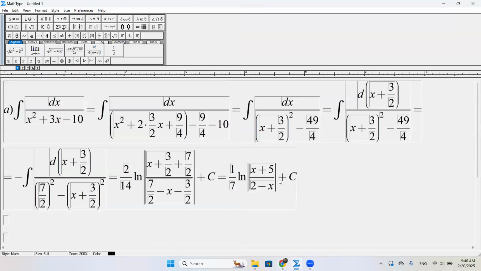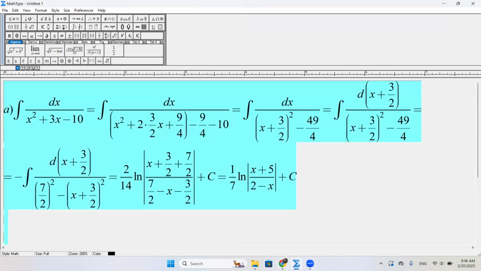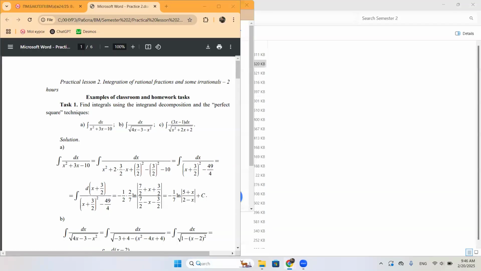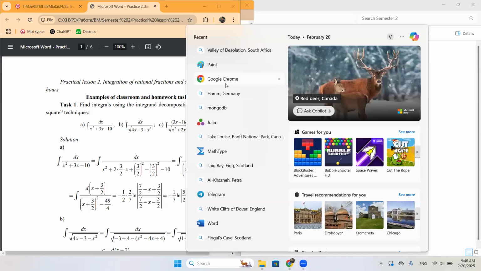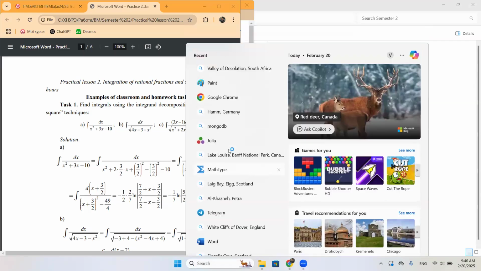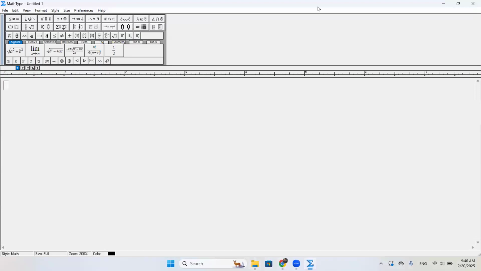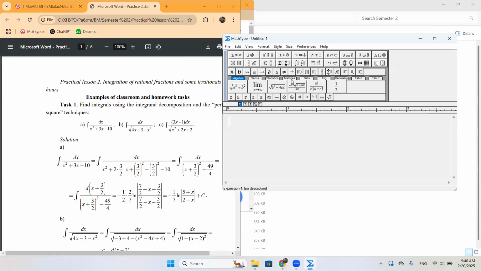And now let's go to C. Let me restart. So the following integral.